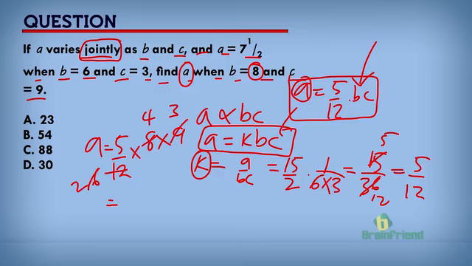We have 5 times 4 times 3, all over 2. 2 also cancels our 4 to give us 2. So we have 5 times 2 times 3, and that is the value for A. 5 times 2 is 10, 10 times 3 is 30. So A is 30. Let's see which of our options carries the correct answer. Is it A, B, C, or D? Of course, option D is very much correct.